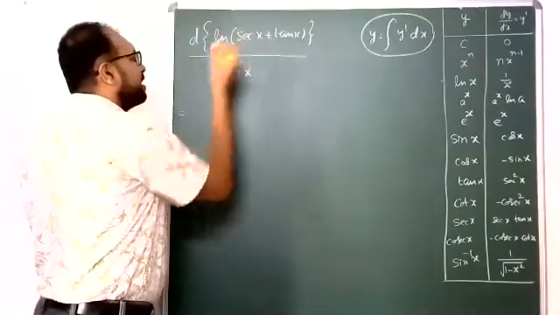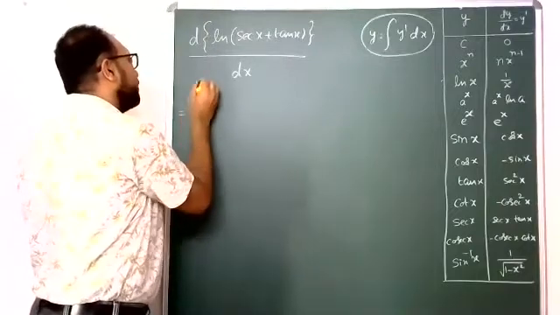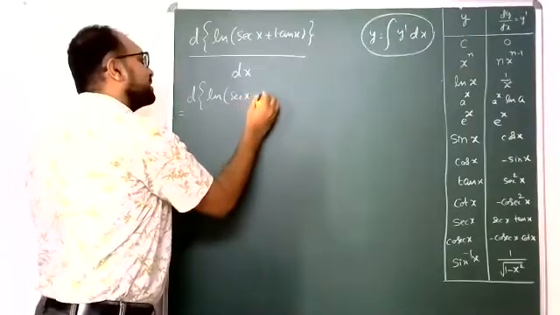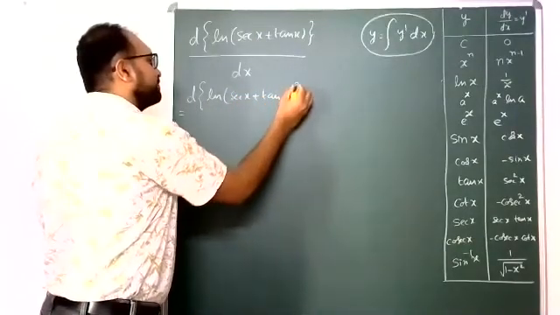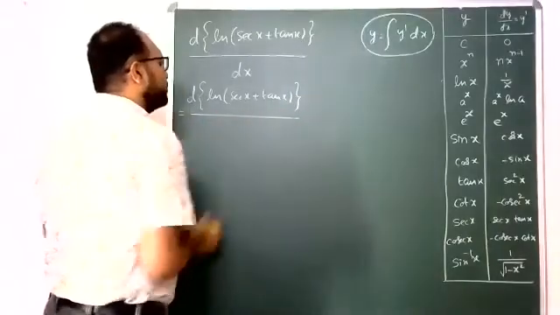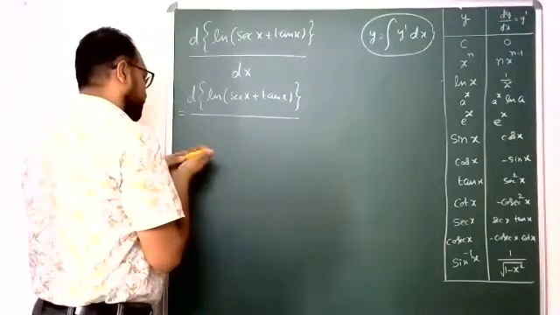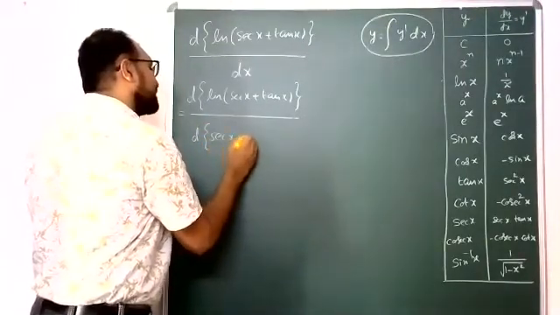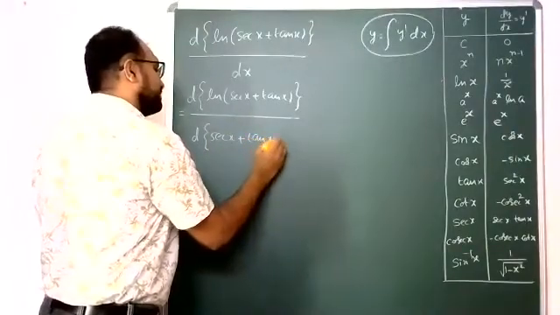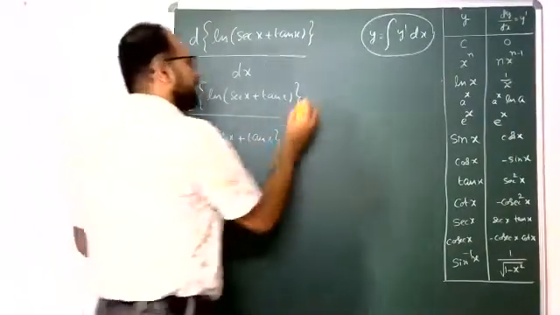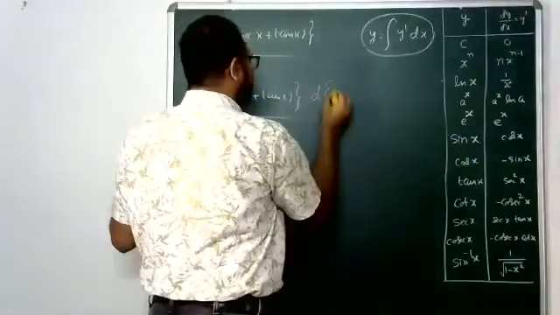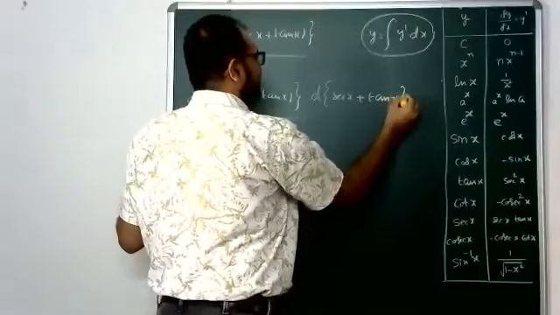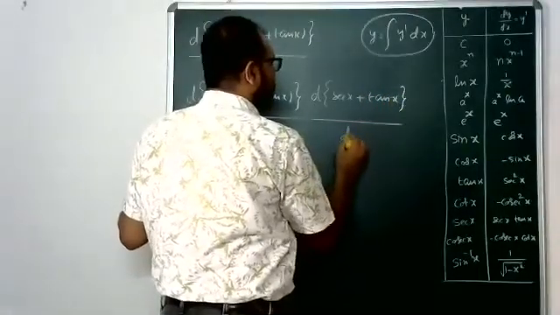Derivative of ln of this. How I am writing? Derivative of ln of secant x plus tan x with respect to secant x plus tan x. Chain rule I am using, into the derivative of secant x plus tan x with respect to x.